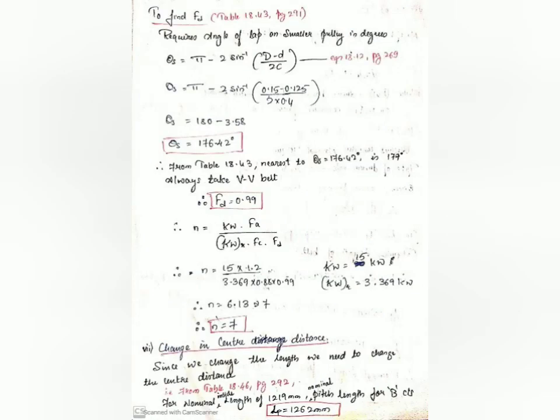Next we'll find the correction factor FD. The correction factor FD is determined from table 18.43, page 291. To find FD requires the angle of lap on the smaller pulley in degrees.